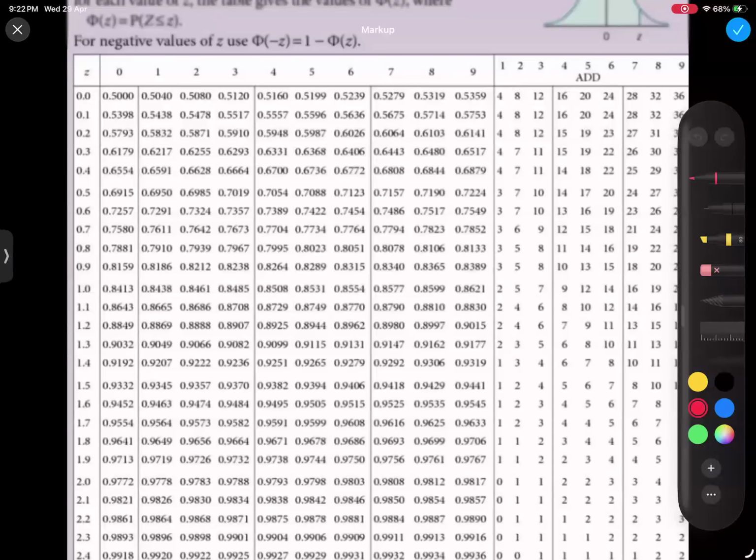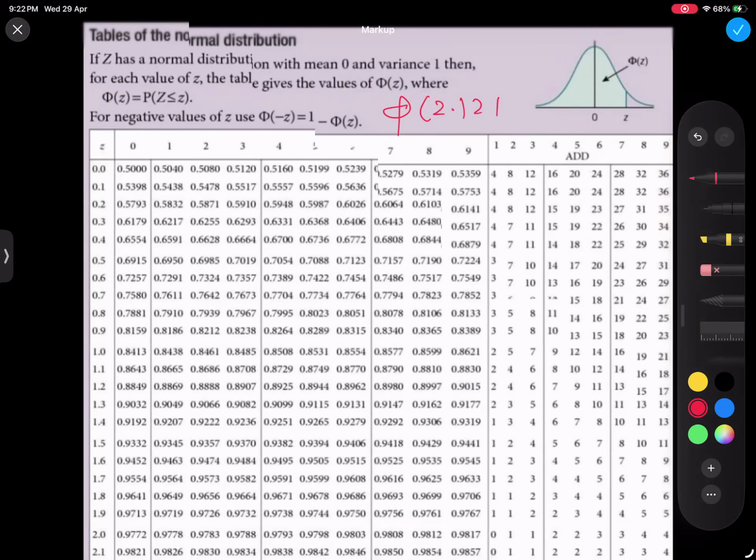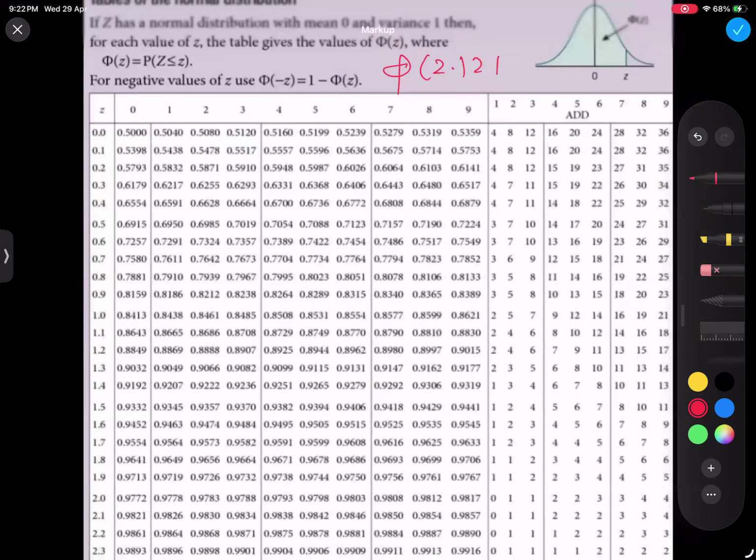So the first value I'm looking for is phi of 2.121. This is the line we have to use. 2.1 from there, and then I talk about 2, and 2 is this.